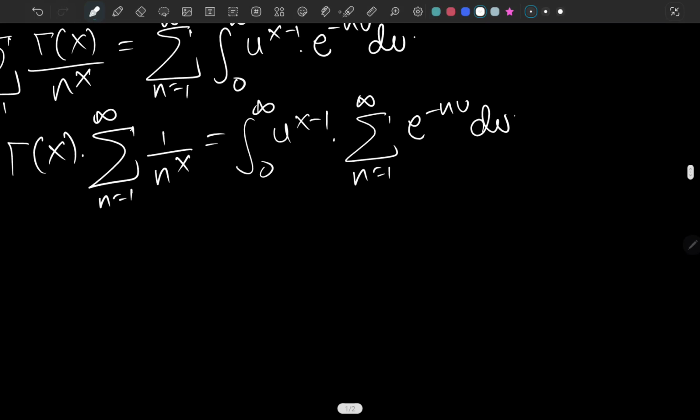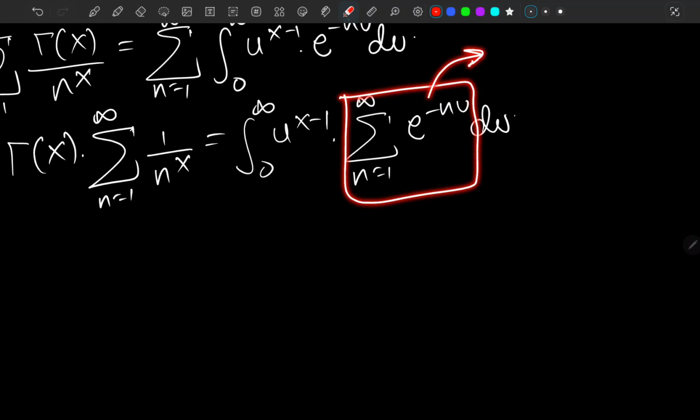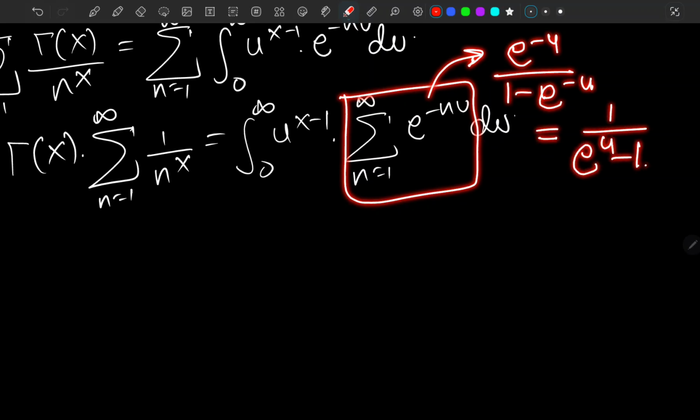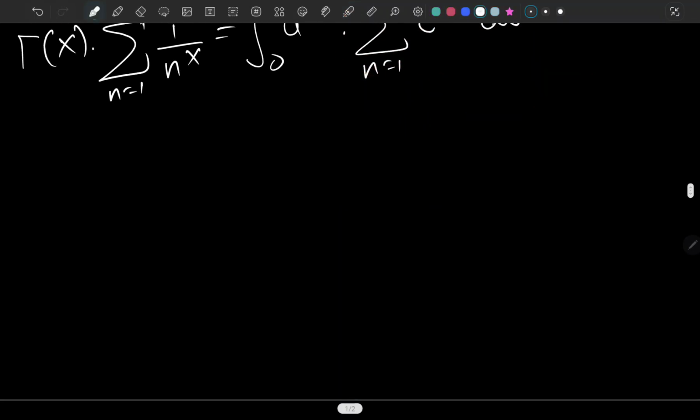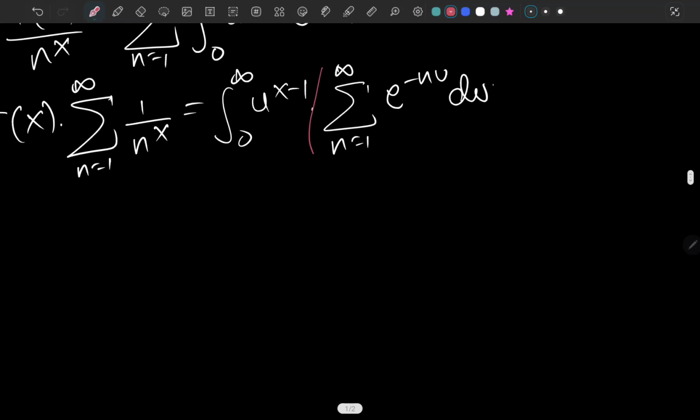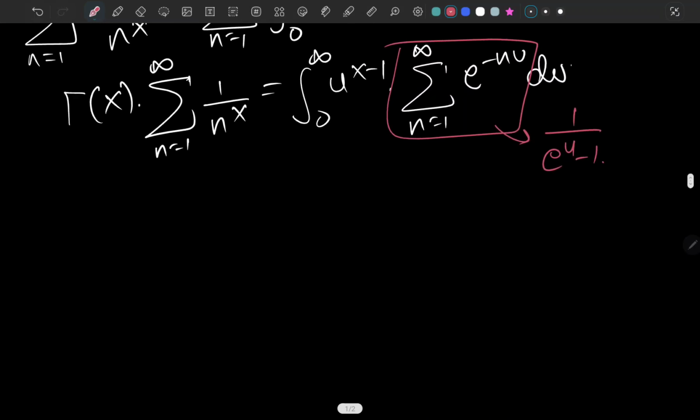Now, this is just an infinite geometric series, and this evaluates to e to the negative u over 1 minus e to the negative u. So that is going to give us 1 over e to the u minus 1. So we can plug in here 1 over e to the u minus 1. You can prove that on your own.